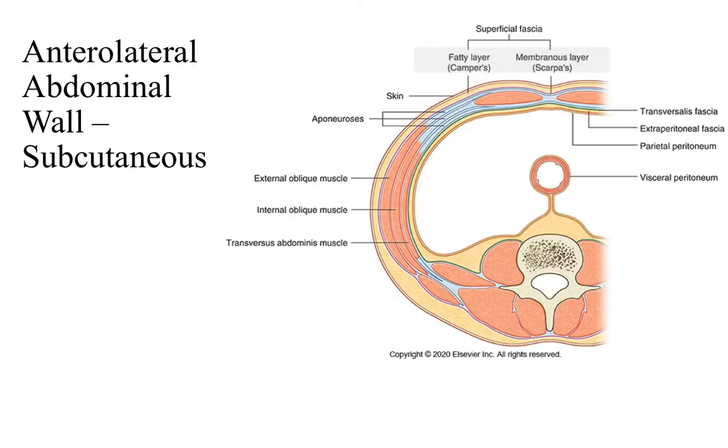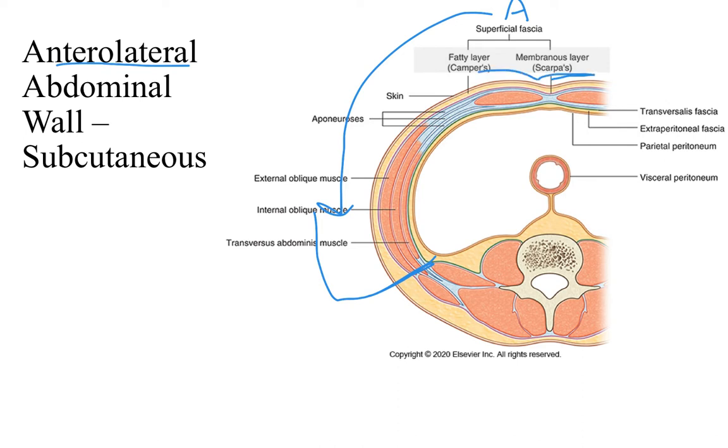So getting a little more specific, we're going to divide the abdominal wall into different sections, and we're going to start with the anterolateral. And by anterolateral, we mean everything that's in the anterior moving to the lateral side of the abdominal wall. In fact, we're going to go up to about right here. All right, so we're going to start on the outside again with the skin.